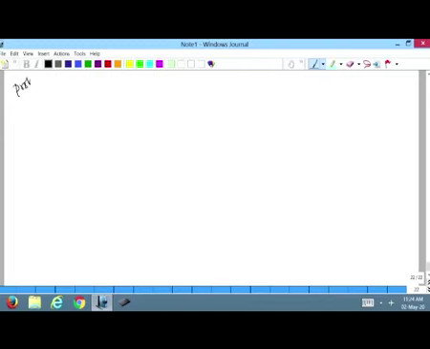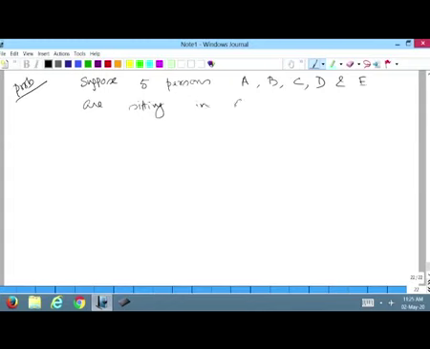Another problem. Suppose 5 persons A, B, C, D and E are sitting at a circular table.